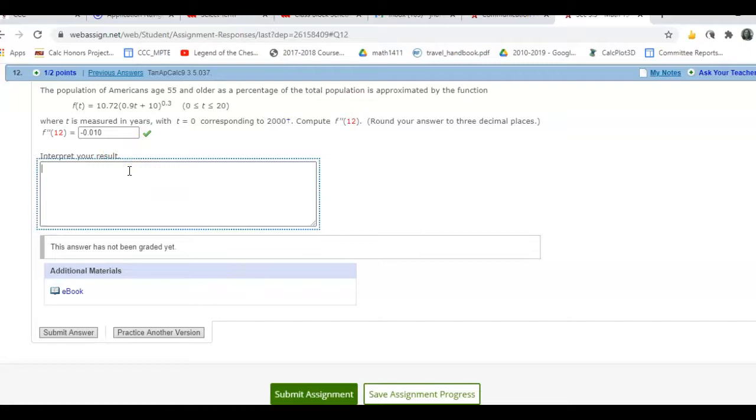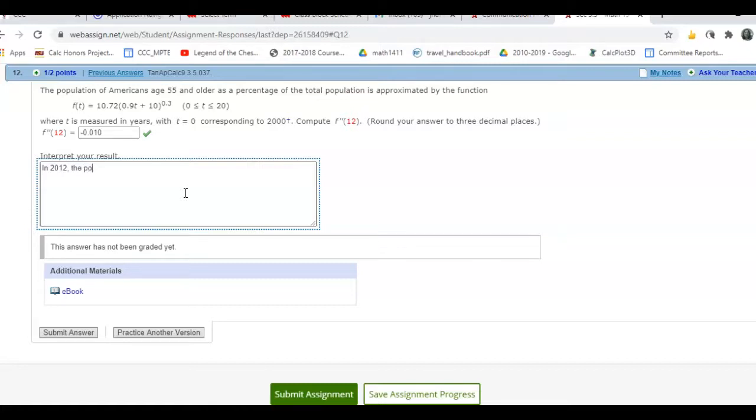The interpretation for this, as you can see, this value is negative. So 12 years from 2000, because we're starting in the year 2000, so in the year 2012, there was an ever so slight decrease in the growth of the population of Americans. So the population is increasing, but the rate of increase is declining, so it's slowing down.